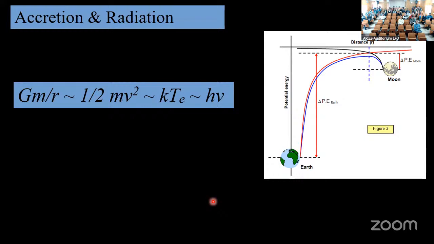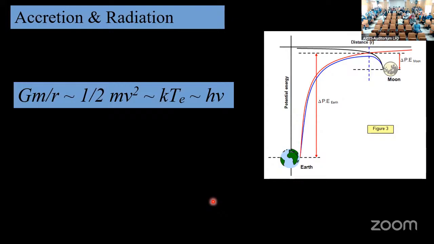You have one particular object which is flowing inward into the gravitational well of a black hole, and it is losing potential. Now, if you want to conserve the energy, that potential must be transferred into kinetic energy. Now, if you have enough kinetic energy in that system, whatever kinetic energy you can have, you can apply the equipartition theorem and get the temperature.